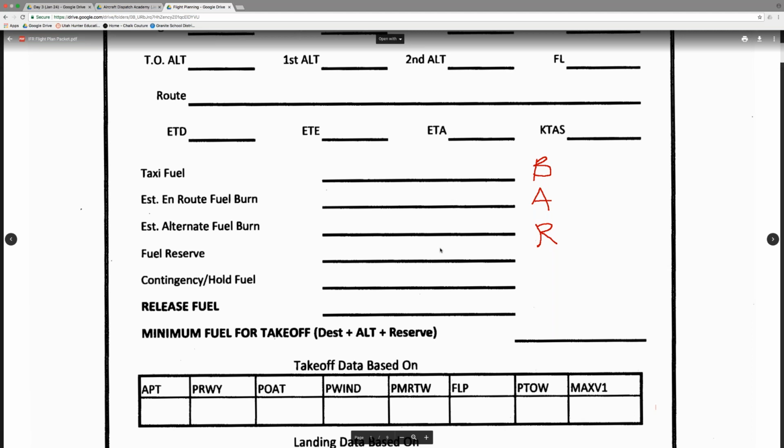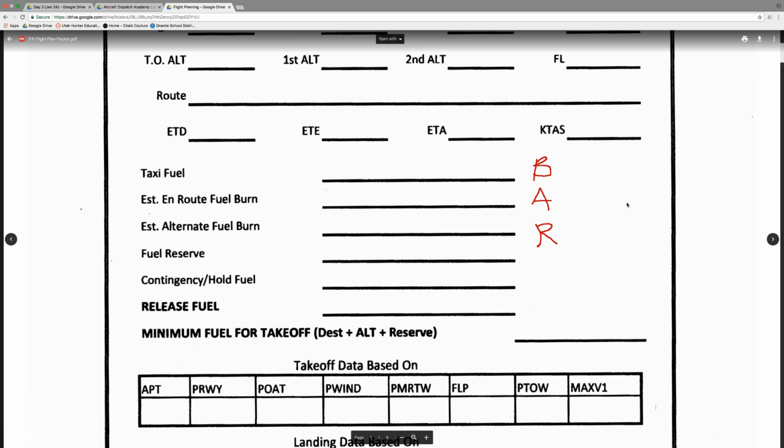We want to add enough fuel that if that first alternate's weather goes bad while we're en route, we know that if we plan to our furthest alternate, we will definitely be able to make it to our closest alternate, right? It doesn't make a lot of sense to have any of the alternates if you can't get to it. Right.